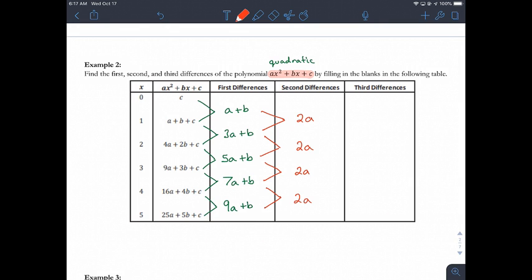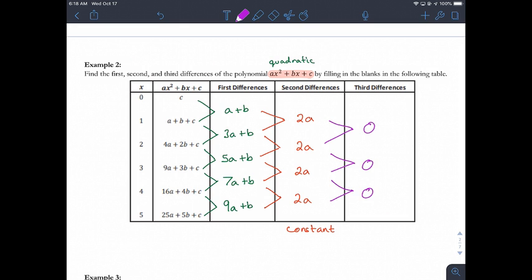And we notice that everything is 2a. So we found our constant difference. We can write constant there. And again, continuing on after the constant difference just gives you a 0 every single time.